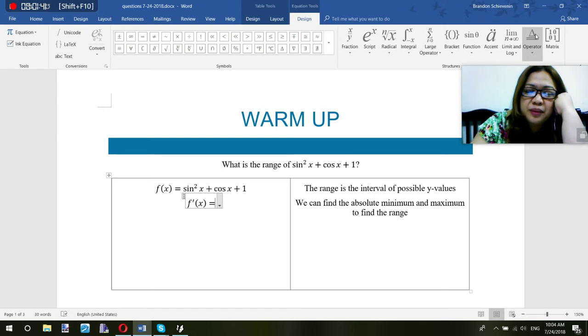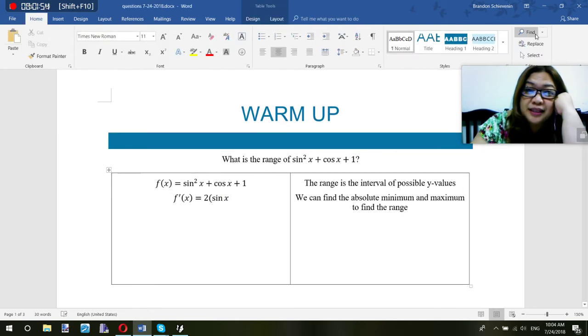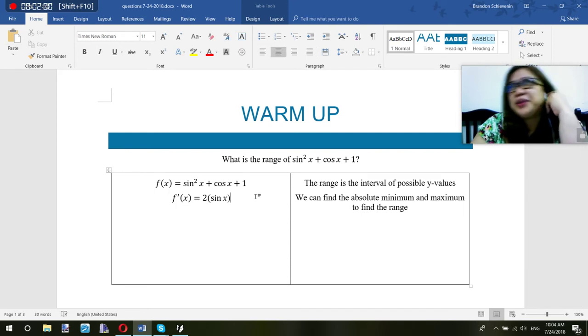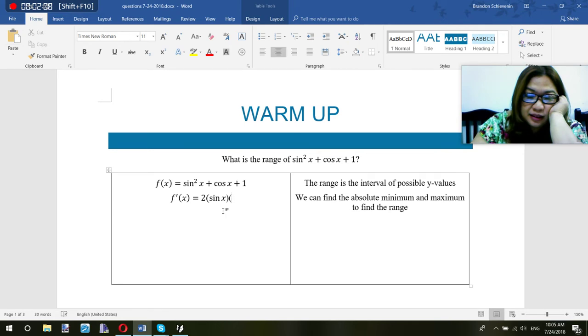Okay, so that will become 2 sine x. It's just something squared, so I'm going to have 2 times something to the first power, times the derivative of the sine x, which is cosine. So cosine, outside my equation. There we go.